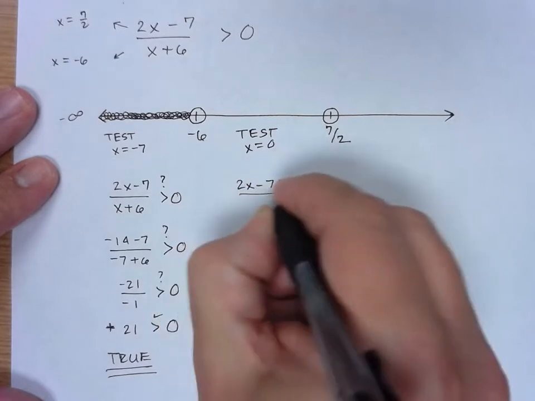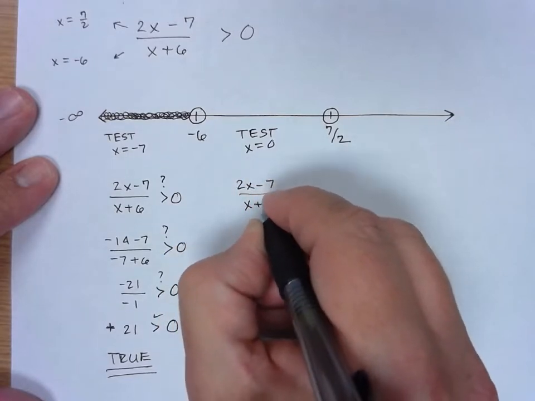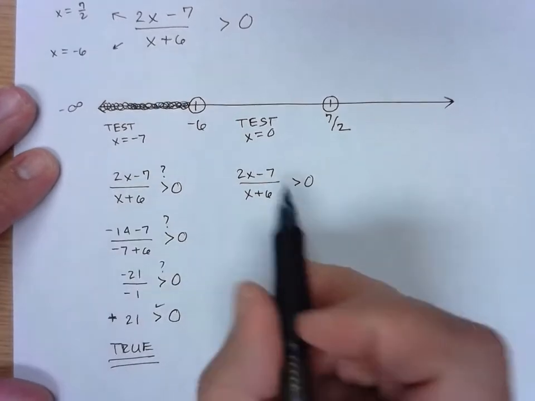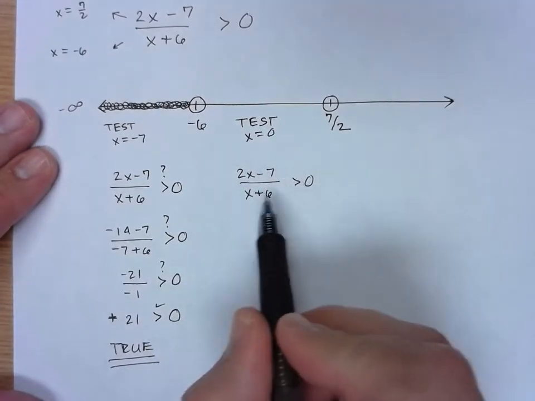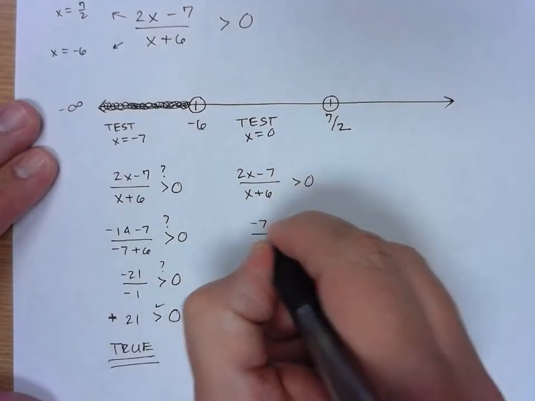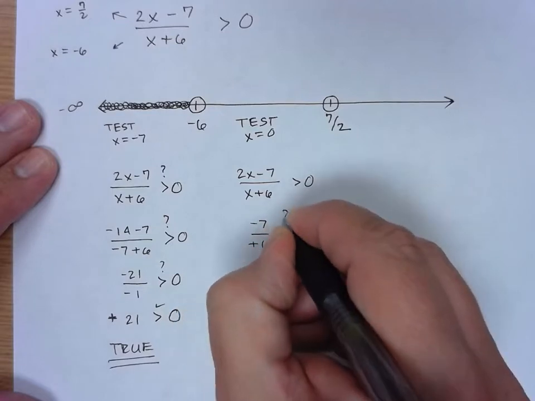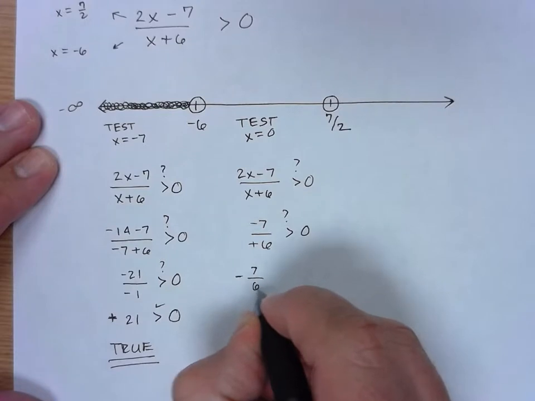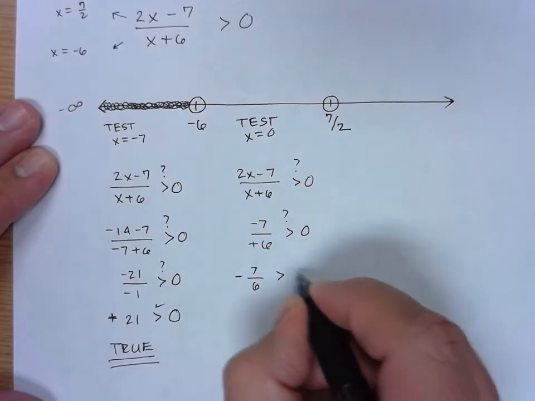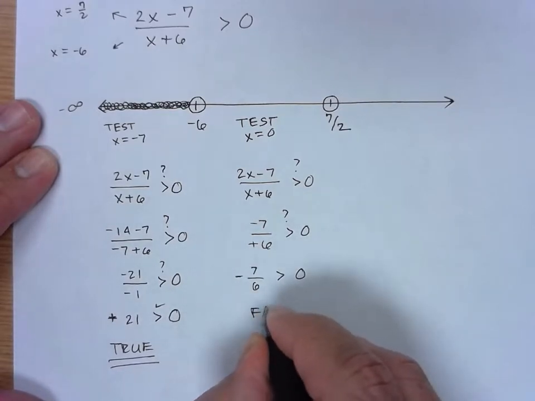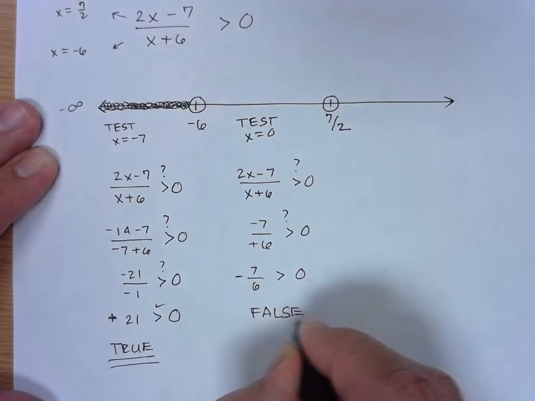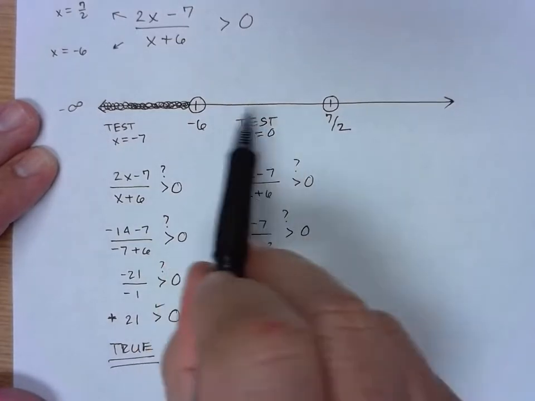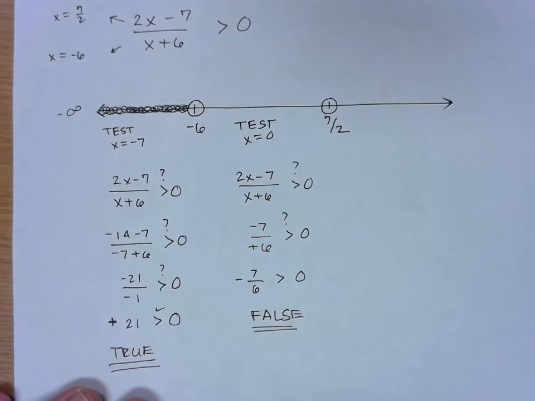And then plug that x equals 0 into a fresh copy of your inequality expression for all the x's. All the x's here go to 0, so I'm dividing -7 by +6. I want to see, is that greater than 0? And it is not. -7/6 is not greater than 0. That is false. So that means no solutions come from the middle interval.